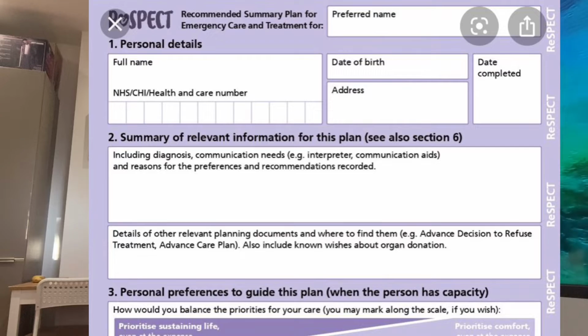This document provides a summary of recommendations to help healthcare professionals make immediate decisions about the person's care and treatment. So if the document says that the resident does not want to be hospitalized even in the event of stroke, then the healthcare professionals must respect that decision.